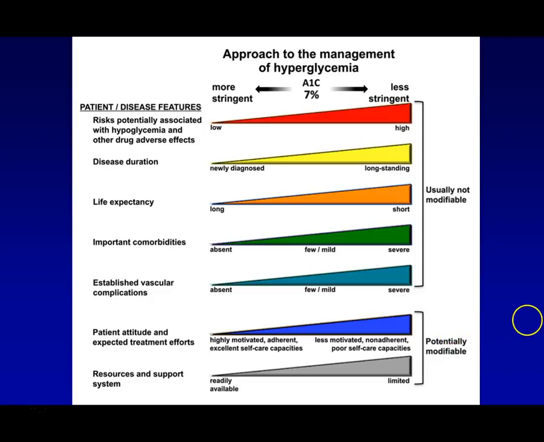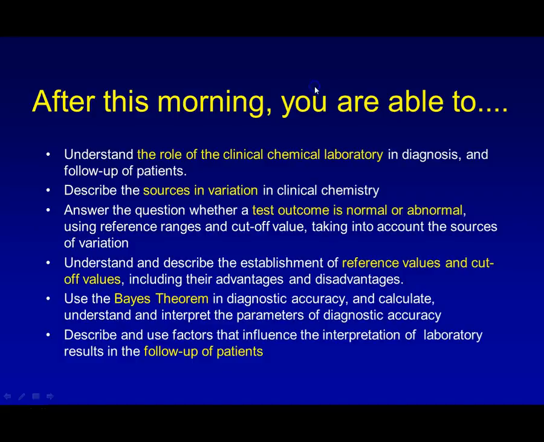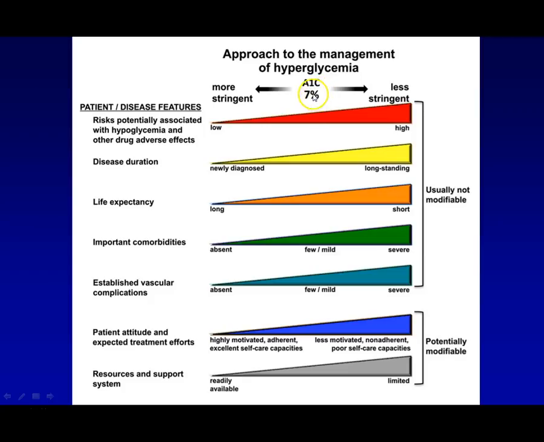So actually the American Diabetes Association nowadays recommends indeed a cutoff value of 7%, but more stringent treatment when people are newly diagnosed, with long life expectancy, with absence of important comorbidities, absence of established vascular complications, and when patients are highly motivated and have excellent self-care capacities.